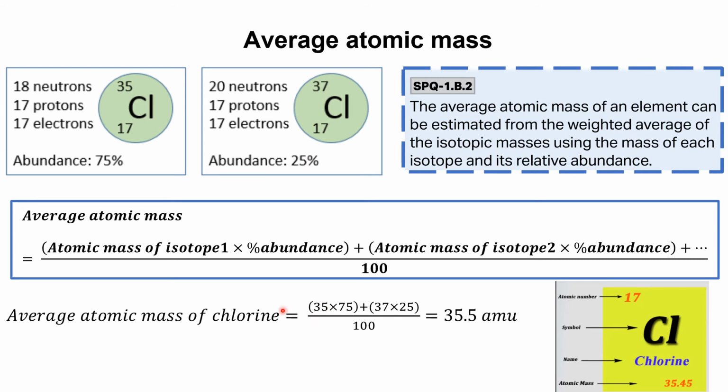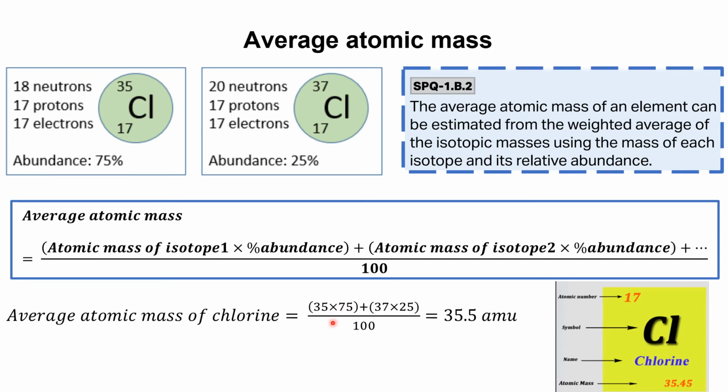What we have taken is the atomic mass of isotope 1, which is 35, multiplied by its percentage abundance, which is 75%. Now for the second isotope, the atomic mass is 37, multiplied by its percentage abundance, which is 25%, all divided by 100.